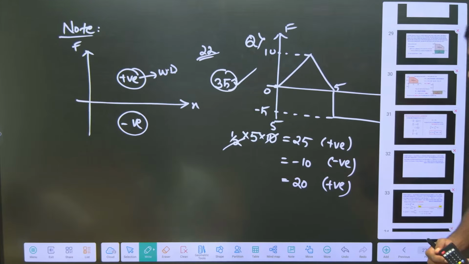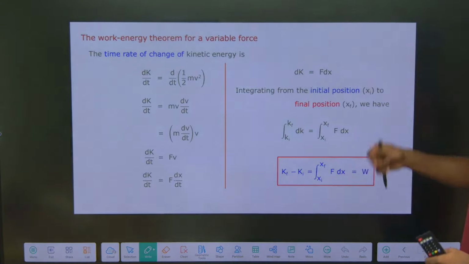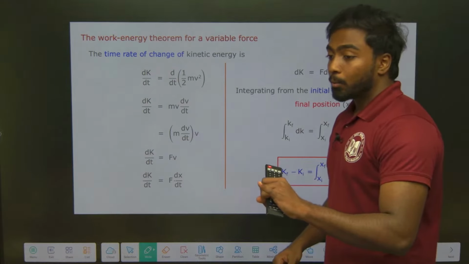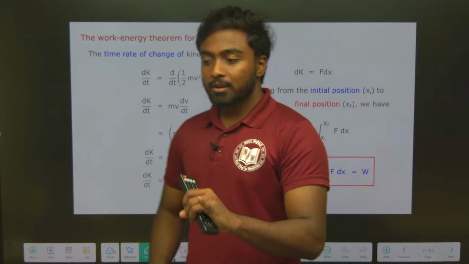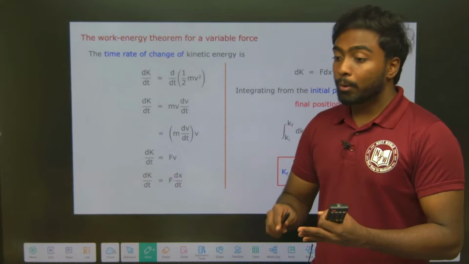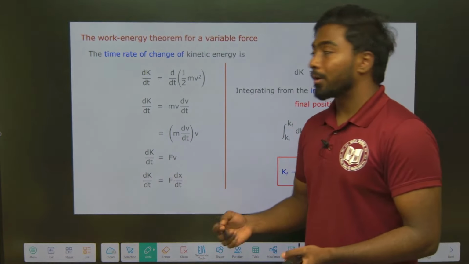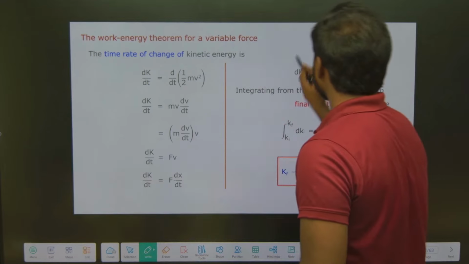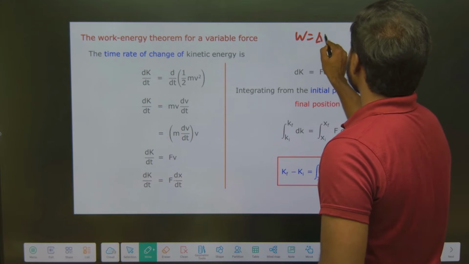Completed? Yeah. So the next part of the topic is the work energy theorem for variable force. We have seen work done for constant force, work done for variable force, and the work energy theorem for constant force. What is the work energy theorem? Total work done equals change in kinetic energy.